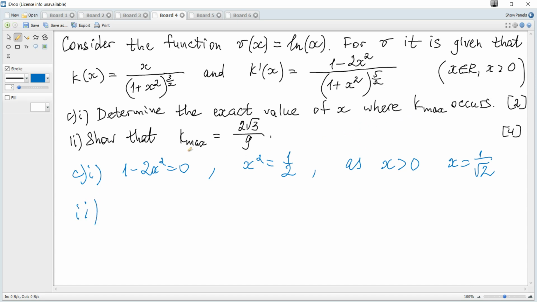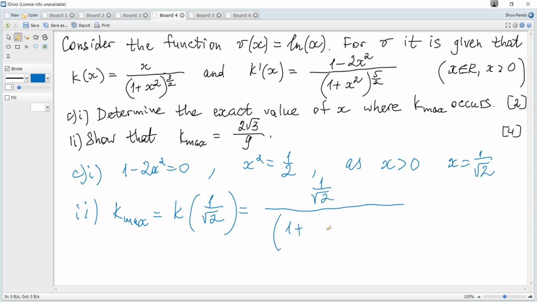And then show that k max, so we need this value when x is 1 over root of 2. So k max is k of 1 over root of 2, it becomes 1 over root of 2, over 1 plus x squared, which is a half, to the power of 3 over 2.